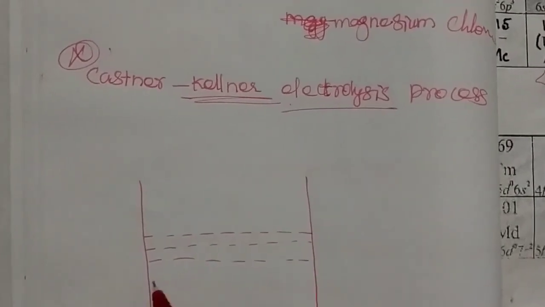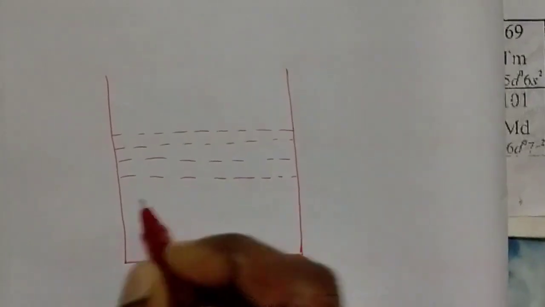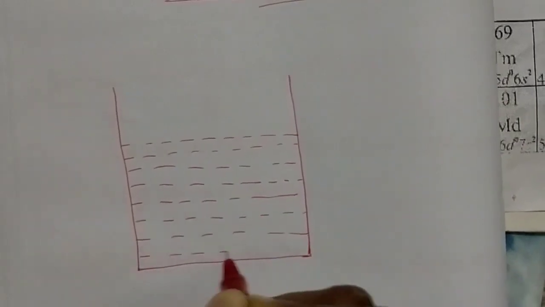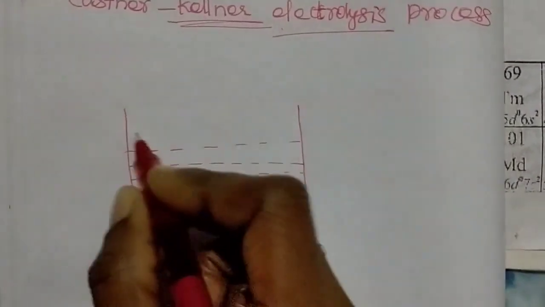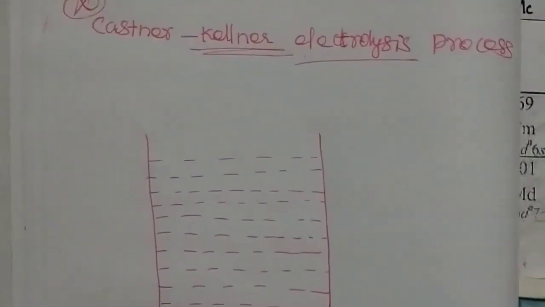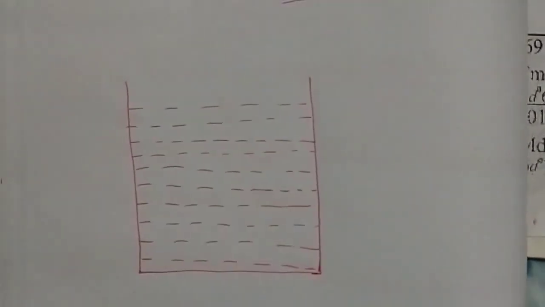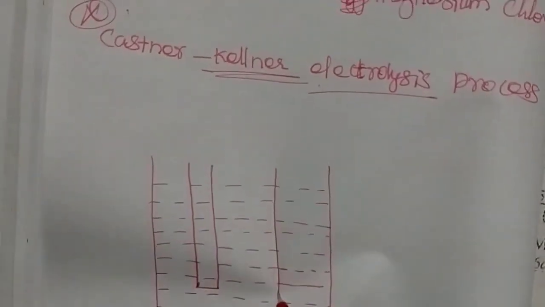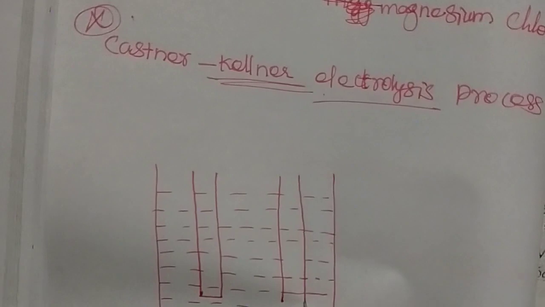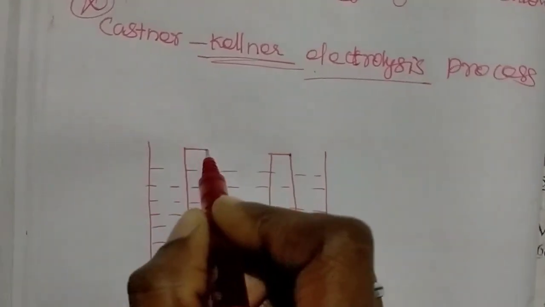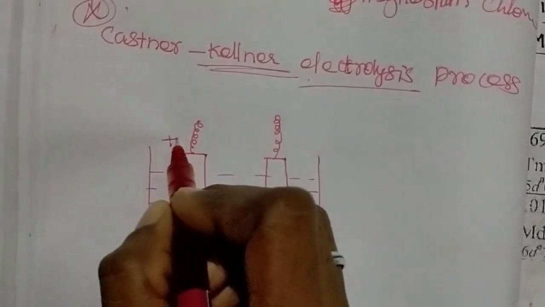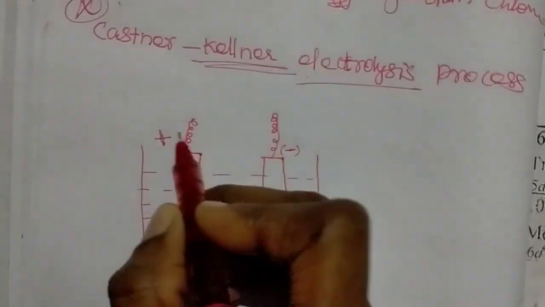It is brine solution. We fill one vessel with the brine solution and keep a cathode and anode in this electrolyte.